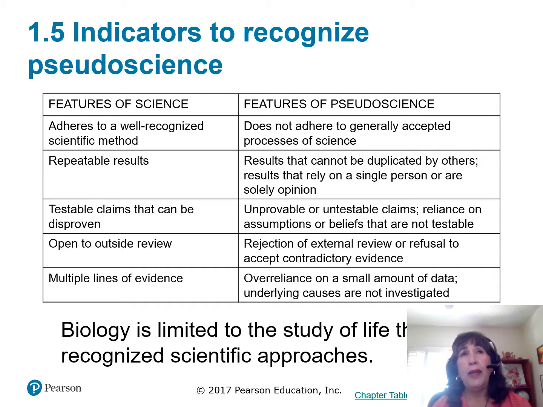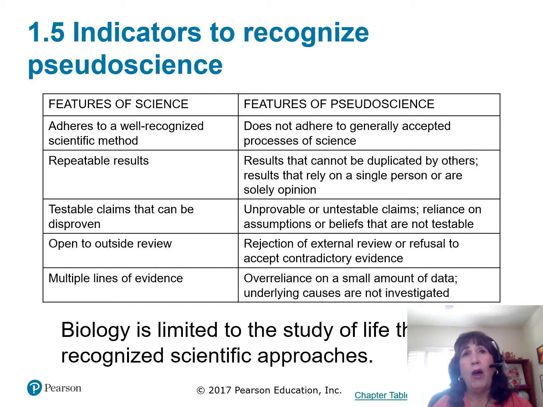So how can you recognize pseudoscience as opposed to real science? Well, pseudoscience doesn't follow the rules of the scientific method. Usually pseudoscience does not go through results and repeat the experiment to see if they get reproducible results. They have unprovable or untestable claims, whereas in science, claims are proven and disproven.